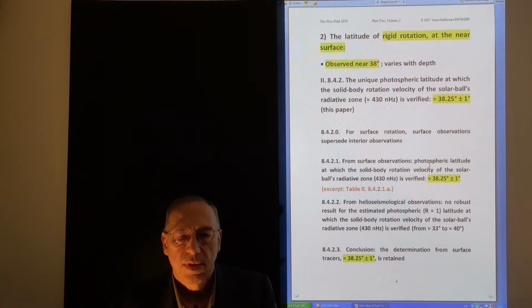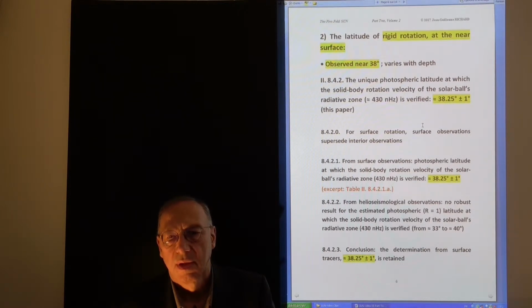If we want to be as precise as 4 significant digits, we would estimate that this latitude is 38.25 degrees, but we have an error bar anyway of about 1 degree. We arrived at this estimate in this work almost only from surface measurements. Of course, they supersede interior measurements when you want to have a surface velocity, and that's what we want.